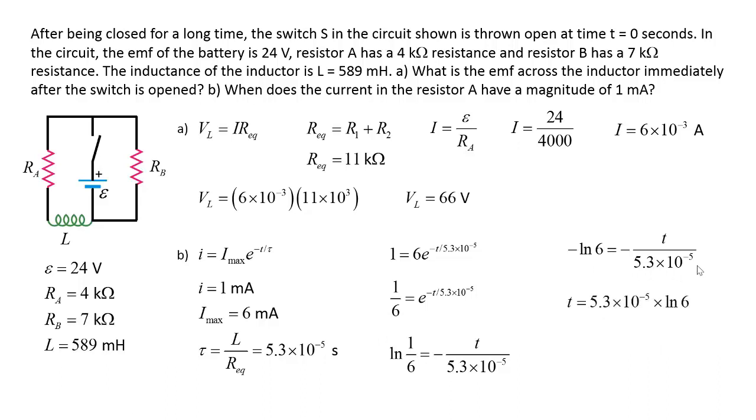And from there the time is 5.3 times 10 to minus 5 times natural log of 6. Use a calculator and you will get that the time it takes the current to reach a magnitude of 1 milliamp is 9.5 times 10 to minus 5 seconds.